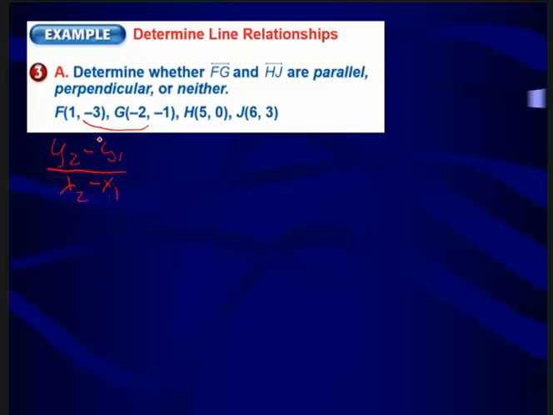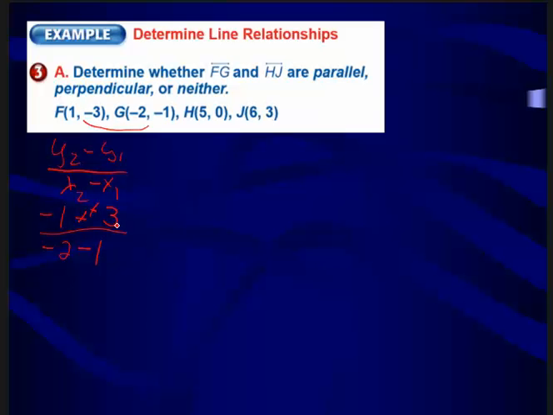My y2 comes from the second point, so that's -1, minus the y value from my first point, -3. Notice I have 2 negative signs there. Go back to my x values, -2 minus my first x is 1. Now do the math. I need to make these positive.